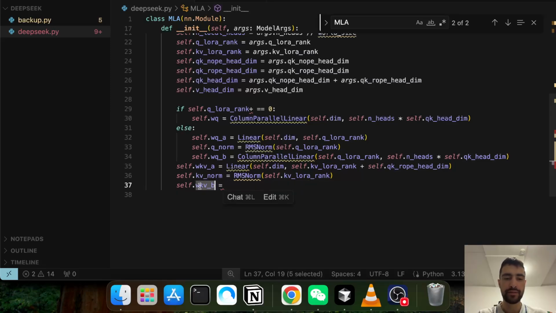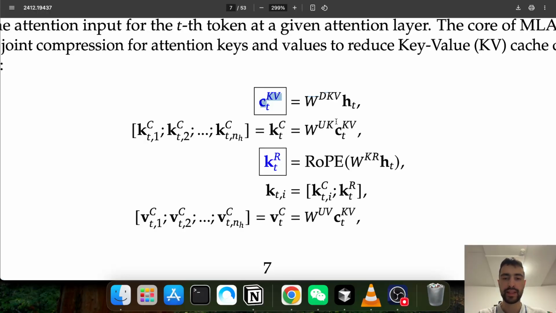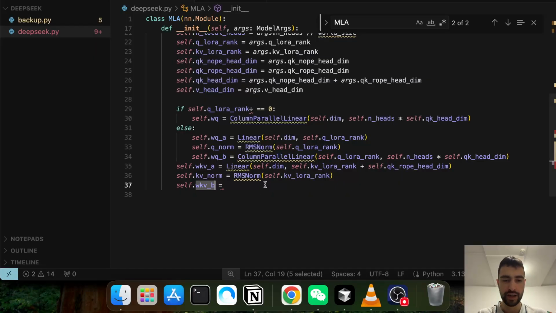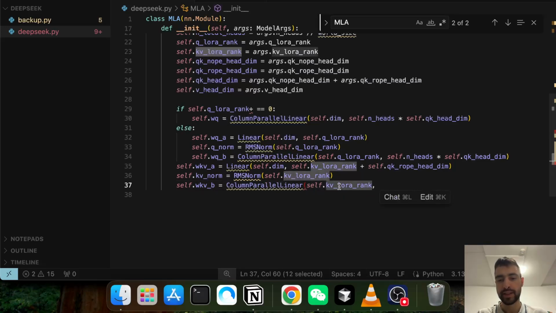So then we will define the second part, which will be this matrix, which will be converting this latent representation of the key value into this key vector. But I think we will use another trick here, but let's see. Column parallel linear again. So the input is KV LoRa rank.